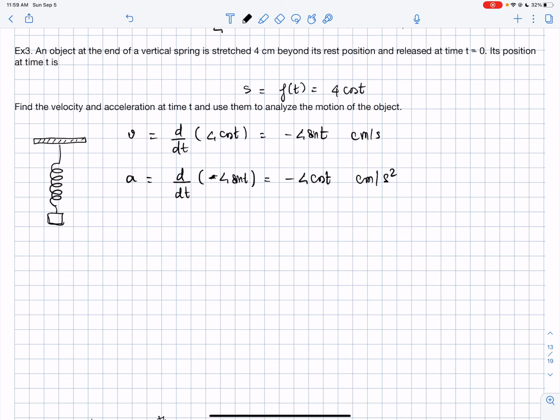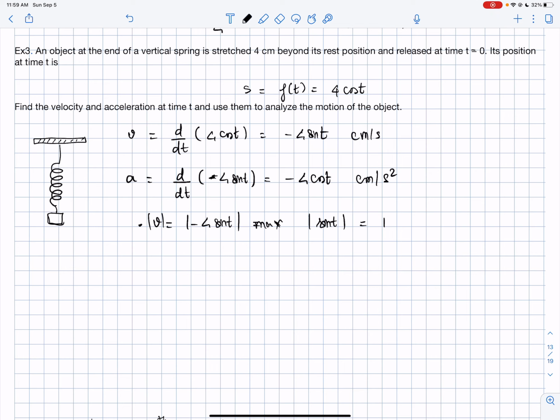Now we analyze the motion. So let's look at the velocity first. The velocity is v equals negative 4 sine of t. So v is max when sine of t is equal to plus or minus 1, and the absolute value is 1.